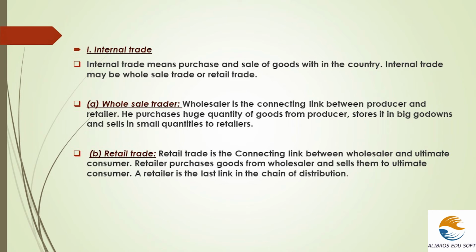In retail trade, the wholesaler, after purchasing bulk quantities from the producer, gives goods to the retailers, and these retailers buy from the wholesaler and give the product to the ultimate consumer. A retailer purchases goods from the wholesaler and sells them to the ultimate consumer. A retailer is the last link in the chain of distribution.